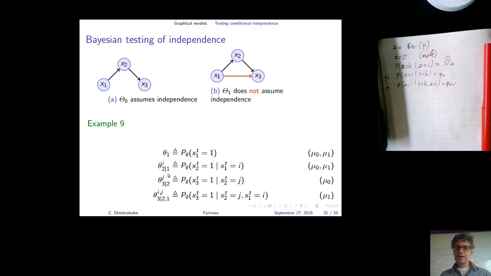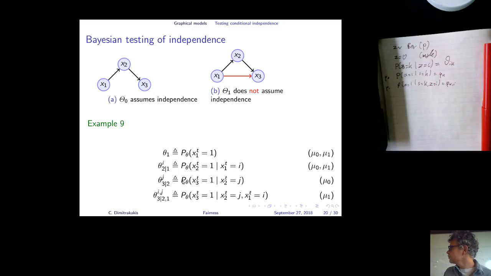Here in the subscript, I use 2 given 1 because it tells you exactly what relationship this parameter describes. So we have 2 parameters for this one, when x1 equals 0 and when x1 equals 1. So 1 and another 2 parameters, it's 3 total parameters so far.